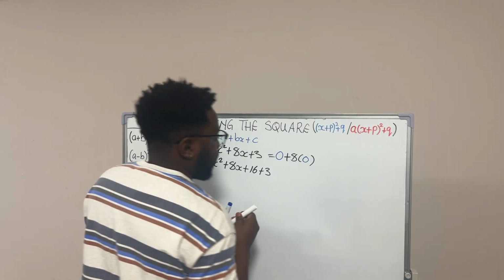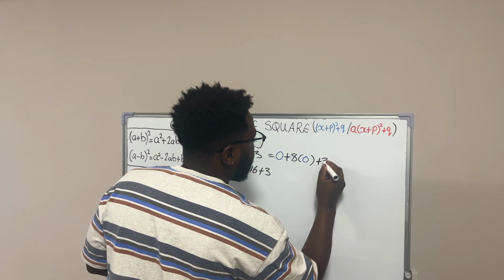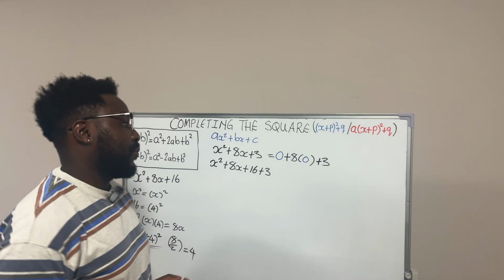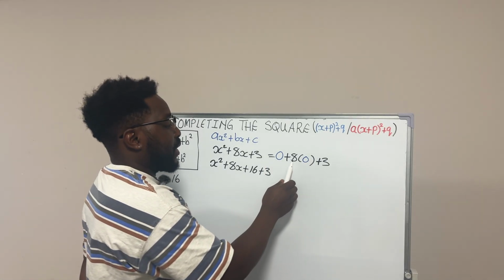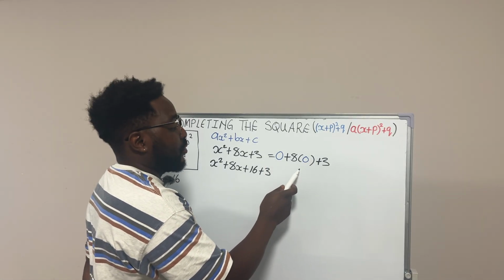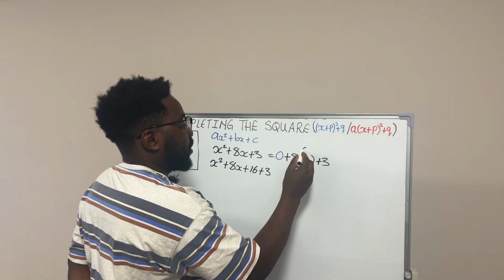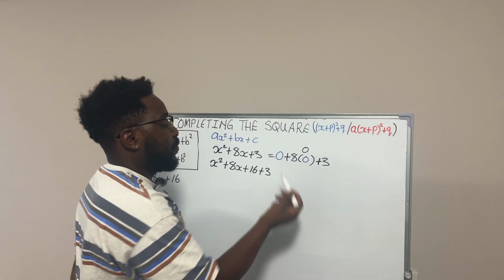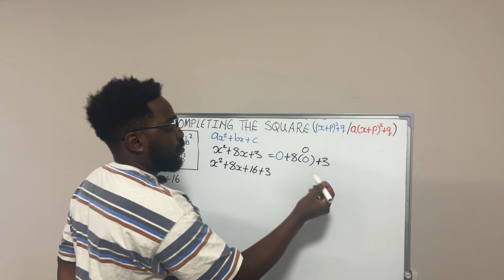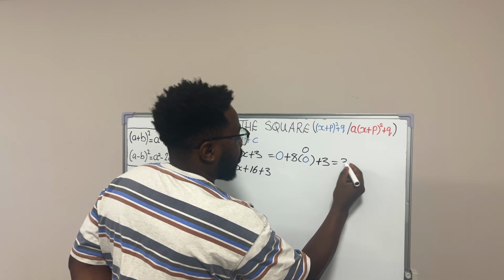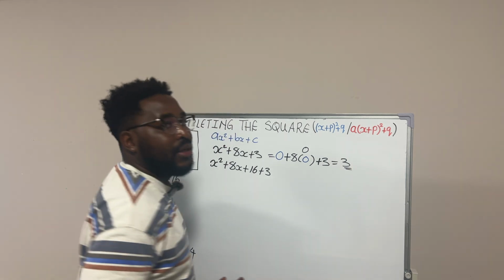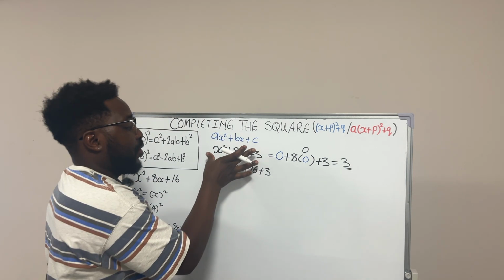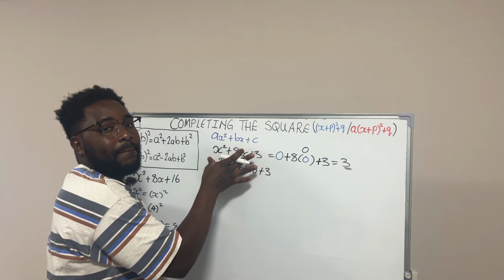And then plus 3. Now, 0 plus 8 multiplied by 0, that's just a 0, right? So then we shall have 0 plus 0, that's 0, then plus 3 equal to 3. So this is the value of this quadratic expression over here, right?